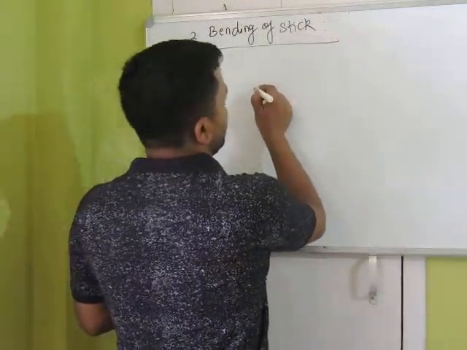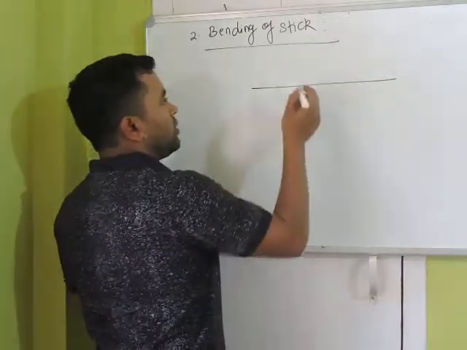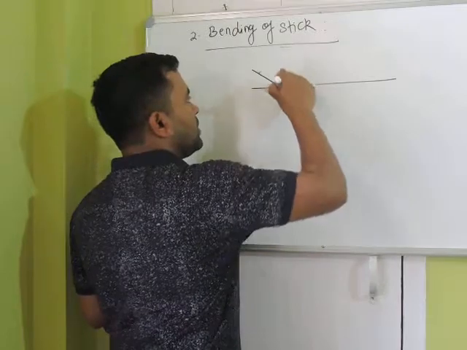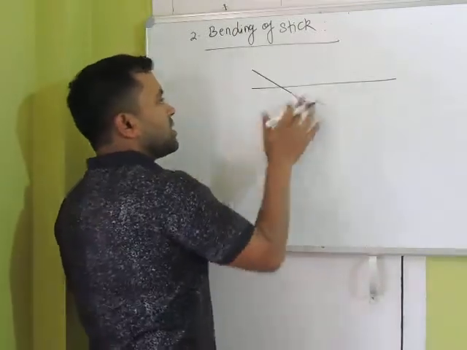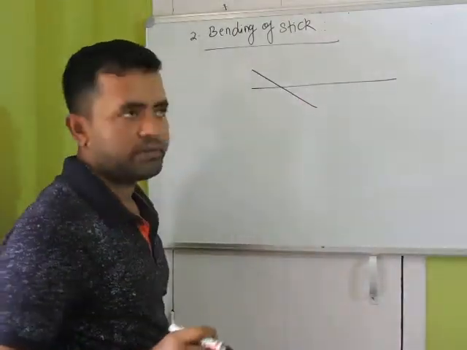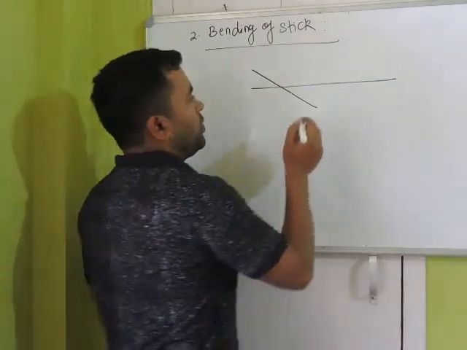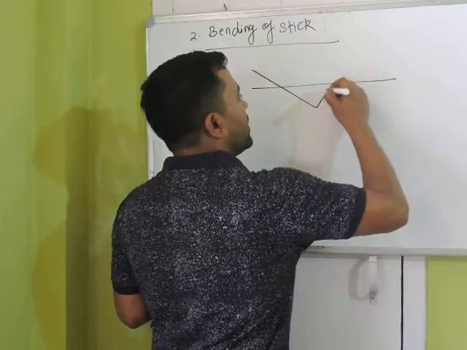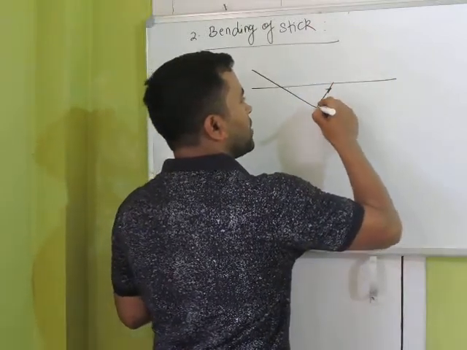So suppose there is water or any liquid, and suppose this is our stick which is immersed in the water. Now we'll take two rays. Let us take one ray here and one ray here.